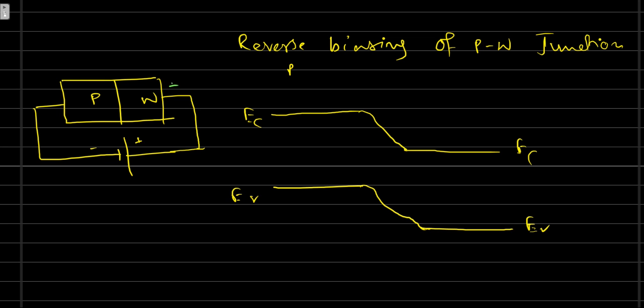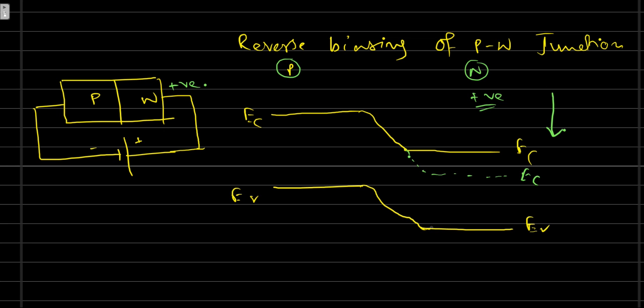The positive potential. Electrons are negatively charged, and you are adding positive potential, so the energy of the electron will fall, it will reduce. Energy reducing means in the energy band diagram the bands will shift in the downward direction.